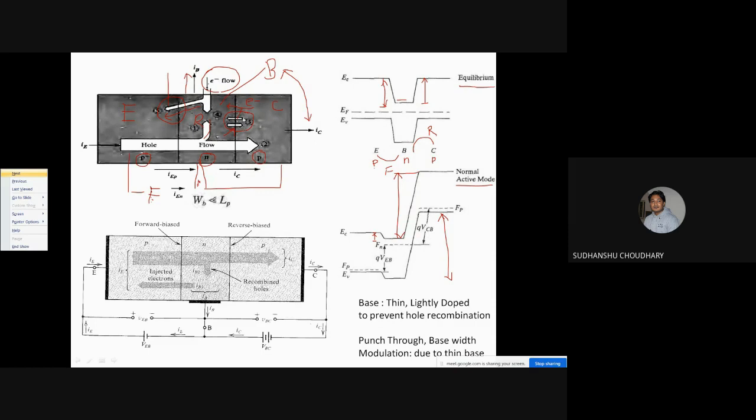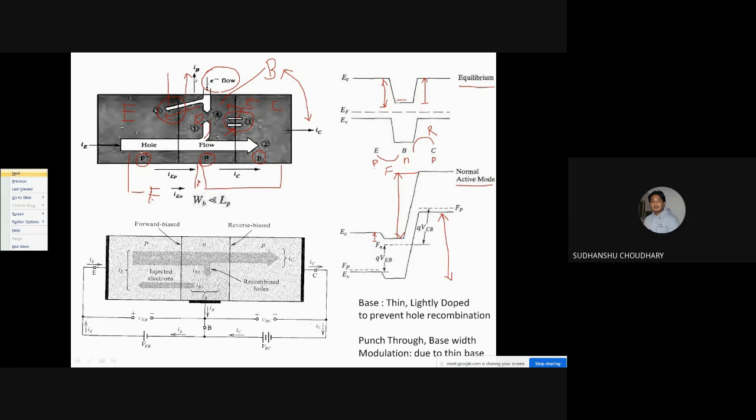Now because some electrons are moving from the collector to the base side, this base current should decrease. The base current is because of the loss of electrons in the base region, but now since the collector is also supplying some electrons to the base, the base current should reduce.